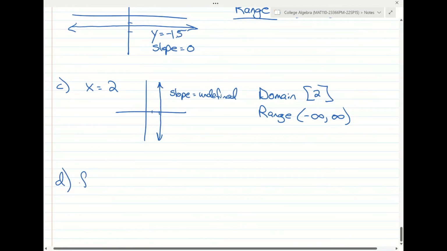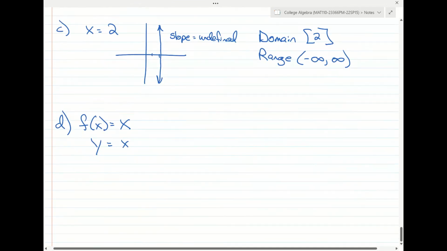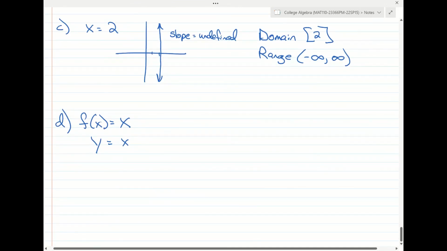What if we had f of x is equal to x? Remember, this is the same thing as just y is equal to x. It's almost written in slope-intercept form. If I put a 1 over 1 here, and then if I put plus 0, it's a lot easier to graph. We know that the y-intercept is 0, the number there.